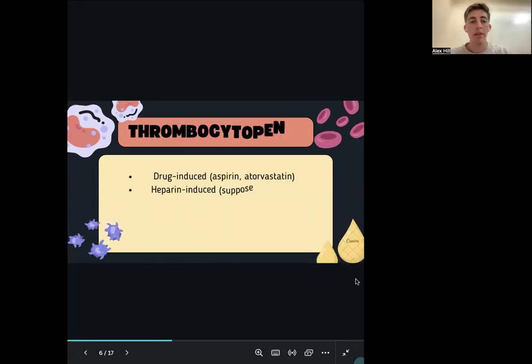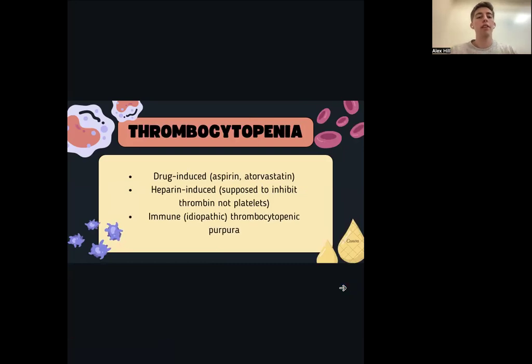So talking a little bit more about that, different things that can cause this are drug-induced thrombocytopenia. So aspirin, atorvastatin, some drugs attack the bone marrow, and so it will produce fewer platelets.